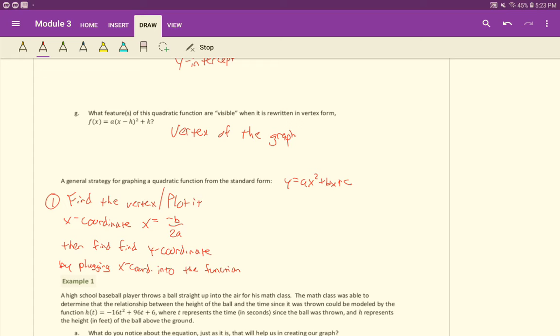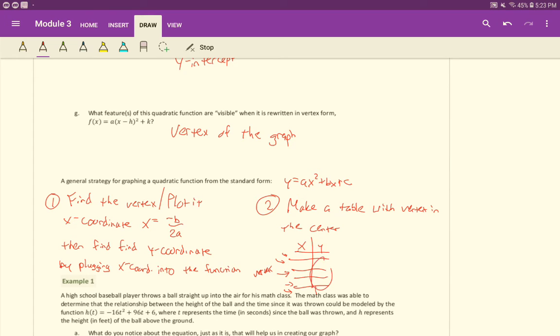Once you have that, normally what I do is have my students then make a table with the vertex in the center. So like an XY chart, put the vertex right here, and pick some points before, and then pick some points after too.